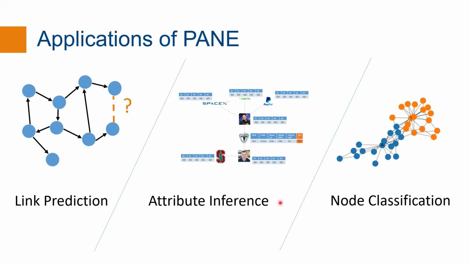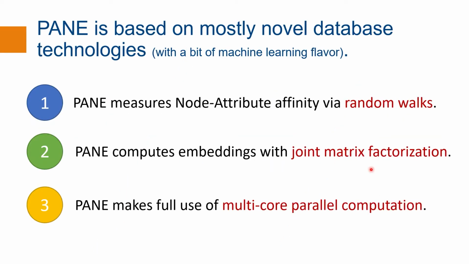So far, we have focused on one particular application of PANE, which is attribute inference. There are two other important applications of PANE, which are link prediction and node classification. Our method PANE is built mostly using database technologies with a little bit of machine learning flavor. There are three main technologies in PANE.